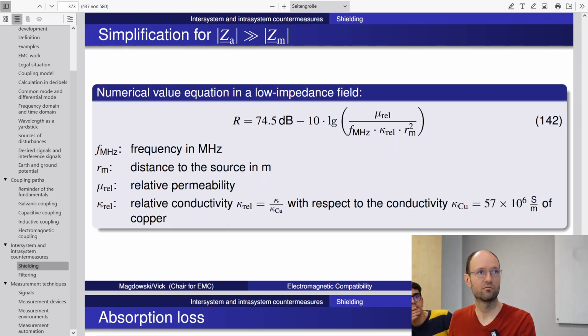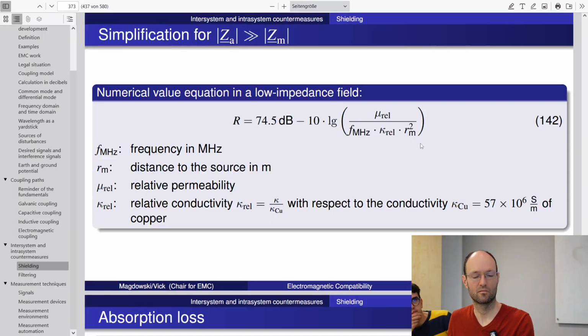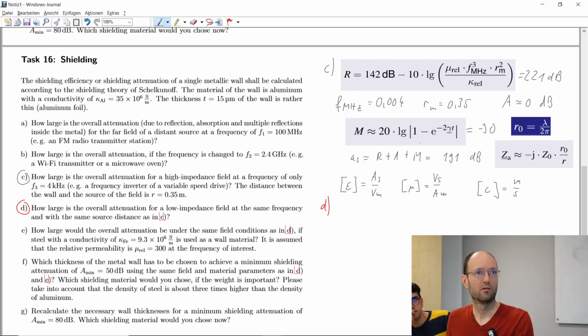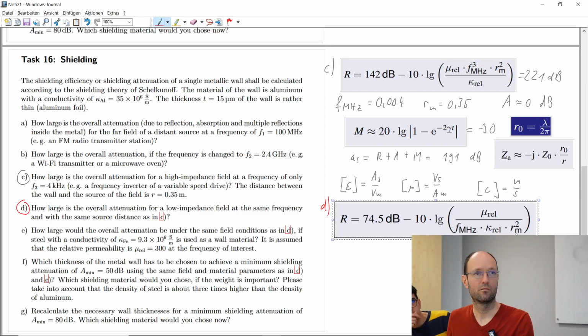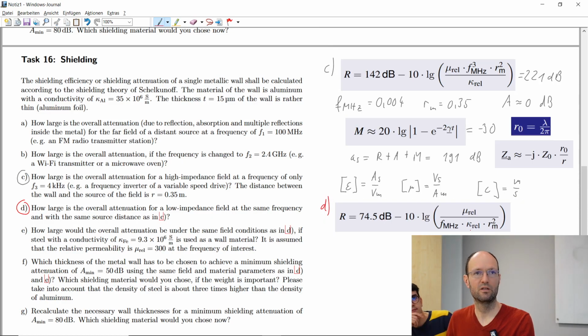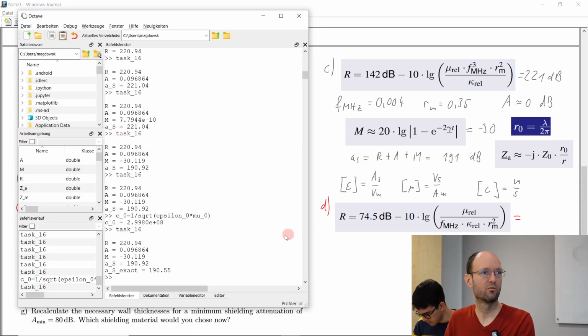And here we got this formula. So I think we already have all the values. We just need to reinsert them and calculate this value. And this is what I will once again do in Octave.